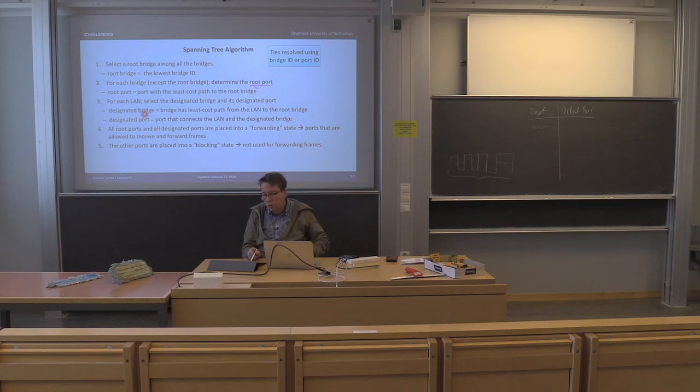The designated bridge is the bridge which has the least cost path from the LAN to the root bridge. The designated port is the port that connects the LAN and the designated bridge. There are many definitions now, but we'll go through an example later on to clarify this. We find the root, for each bridge we find the root port, and for each LAN we find the designated bridge and the designated port.